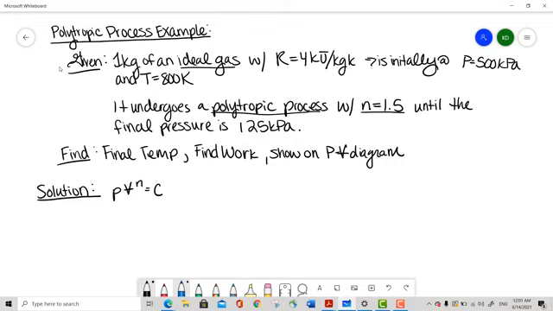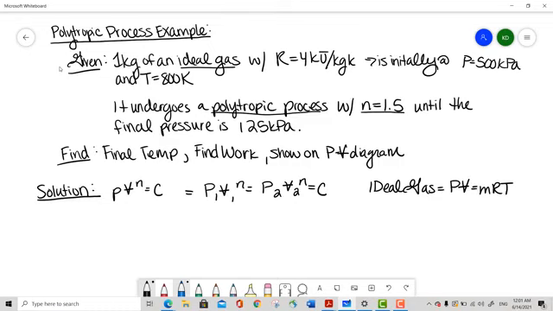And so then we will take this formula, PV^n equals C, and then we know again that ideal gas is PV equals mRT.